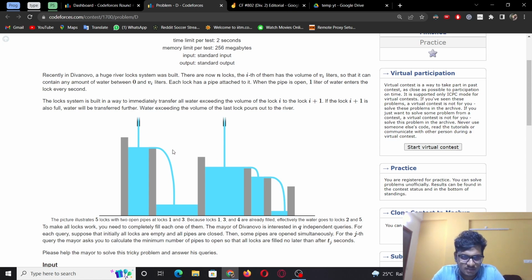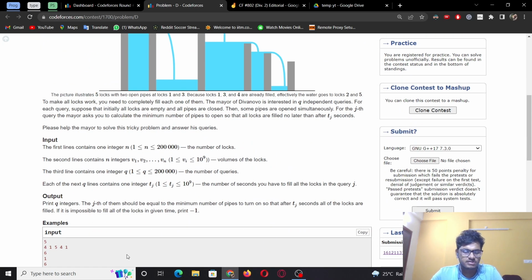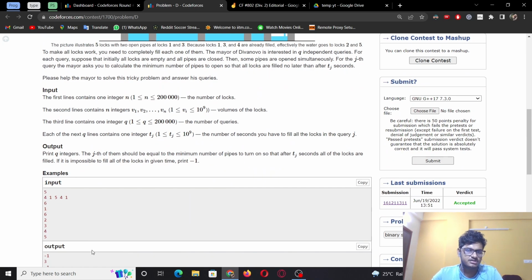Now, each pipe can be placed over any lock, but any lock can have maximum one pipe, and each pipe gives only 1 liter per second, as you can see here. So we need to output the minimum number of pipes that we need for each query.